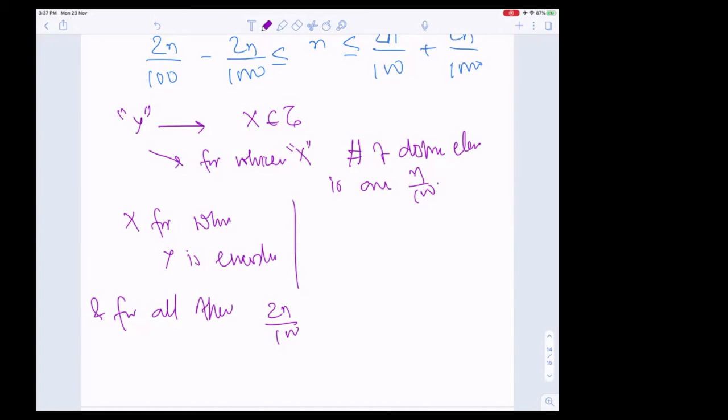For the wrong X, the number of distinct elements is closer to 2n over 100. So now we have created this gap between the yes instance and the no instance. If my approximation algorithm cannot break this gap, then for all those approximations we will be good.